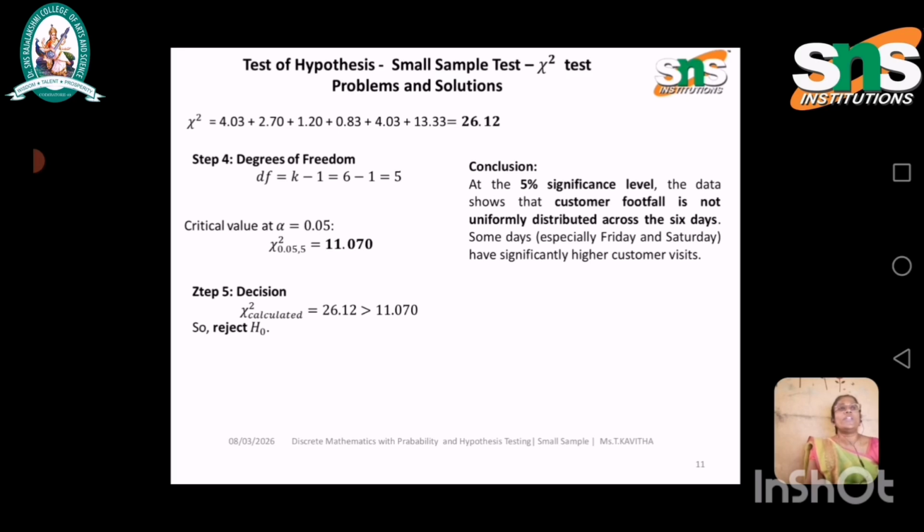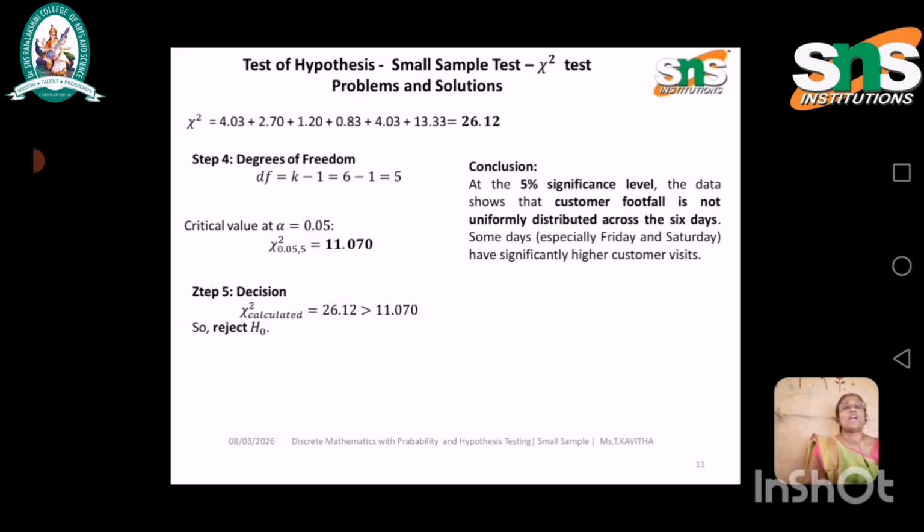Now the degrees of freedom is k minus 1, the number of values minus 1. Therefore 6 minus 1 is equal to 5. The critical value of chi-square is given as 11.07.